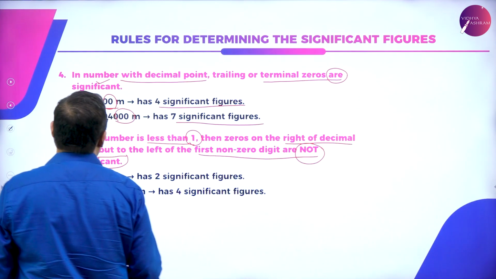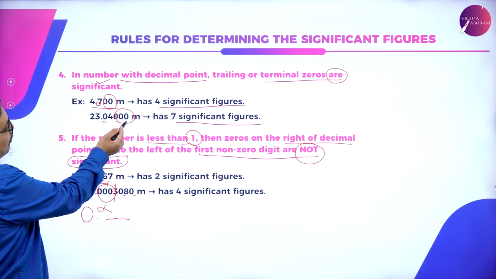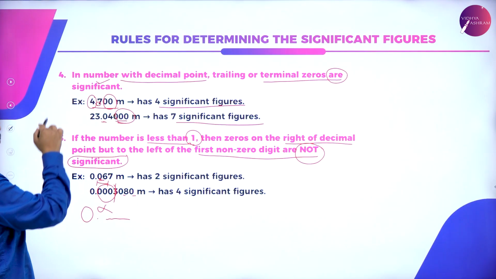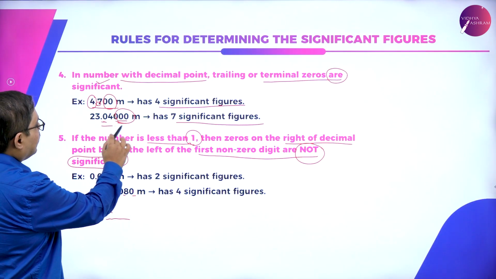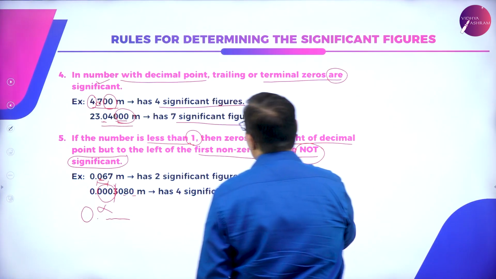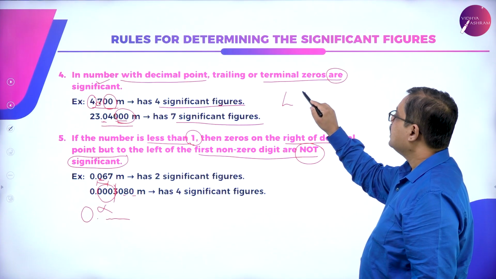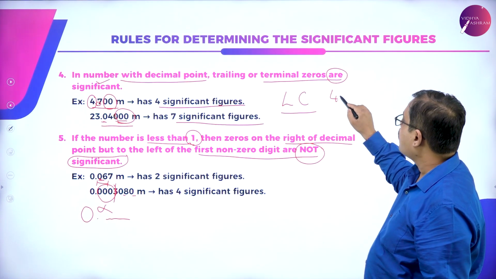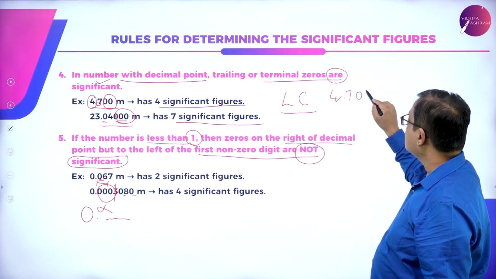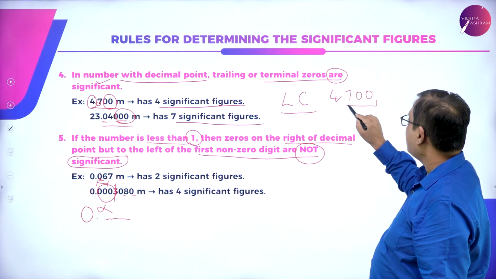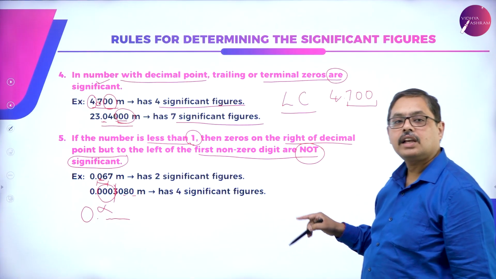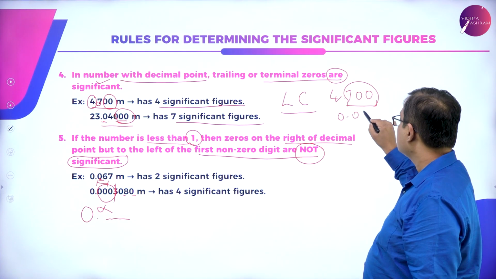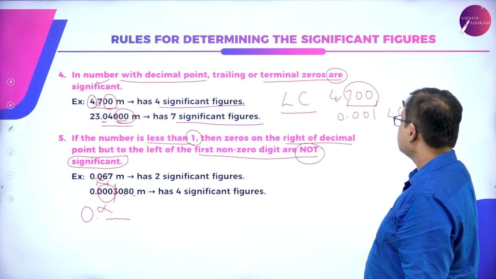You might ask me, sir, these zeros, you called them significant. Why is it so? After the decimal point for a number greater than 1, it generally represents the least count of the measuring instrument. In that reading 4.700, it tells me that I have got an accuracy up to the third decimal value. 0.001 is the least count in this case.